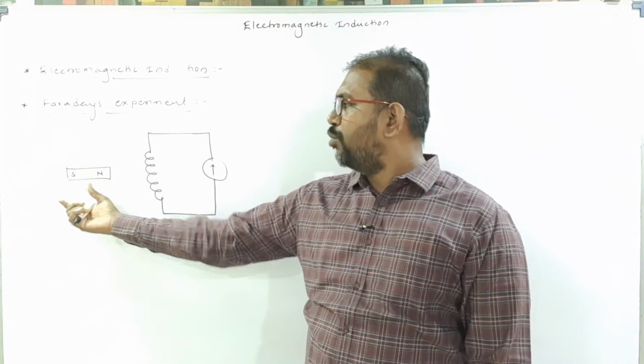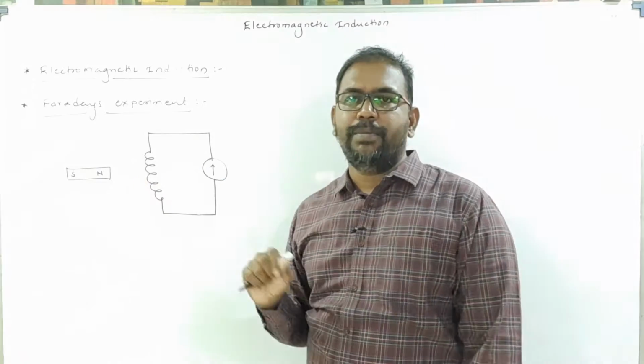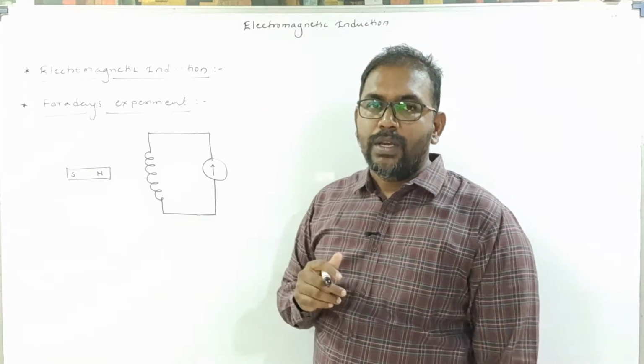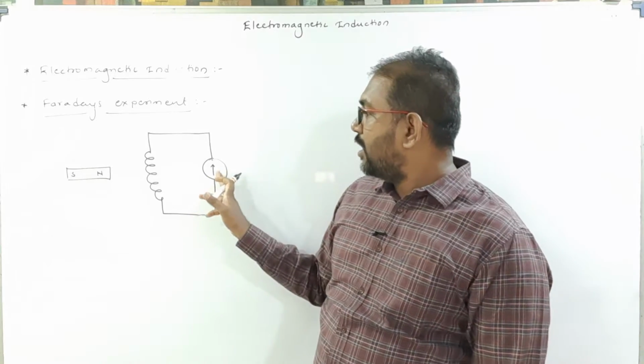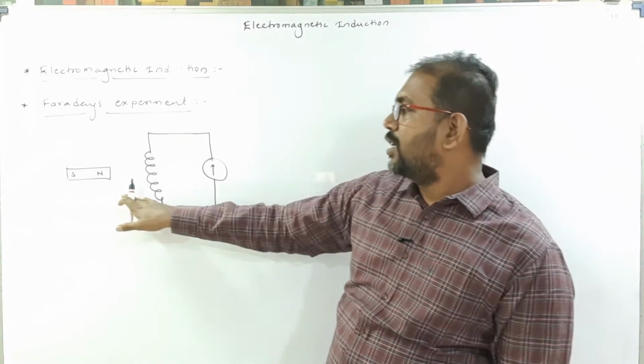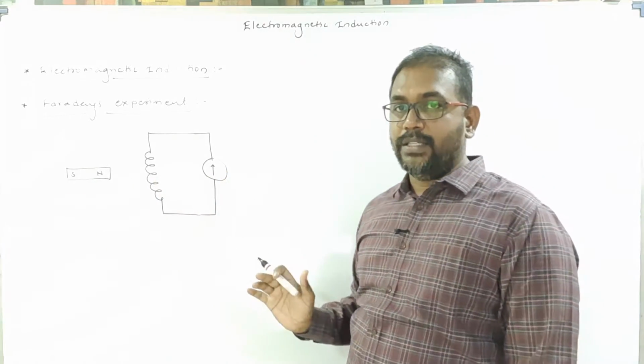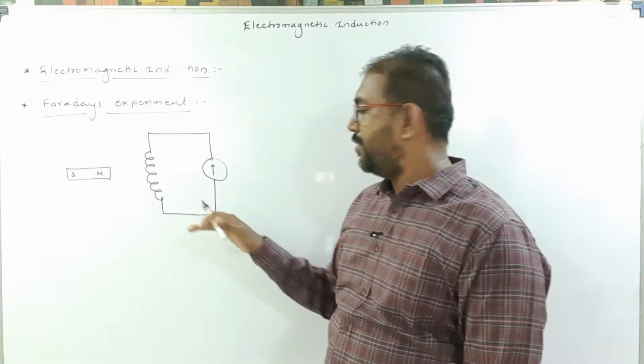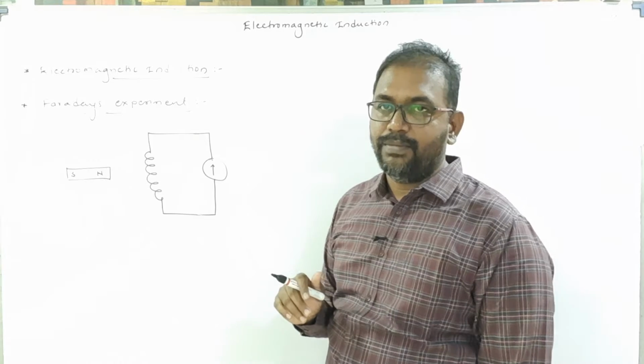Again, after moving some distance, if we stop the magnet, the current is 0. We see the current only when the magnet is coming towards the coil, and when we move the magnet away from the coil, the current is seen in the opposite direction.